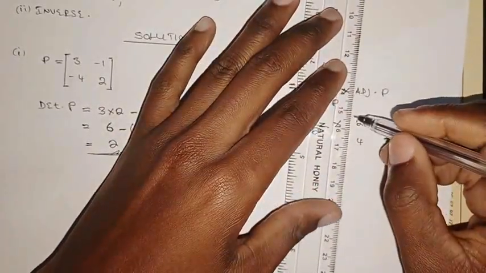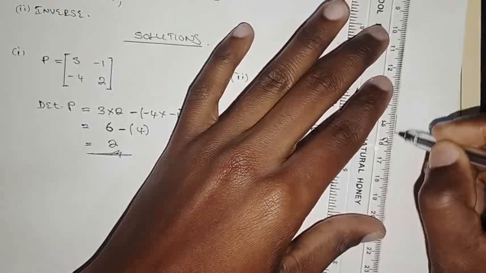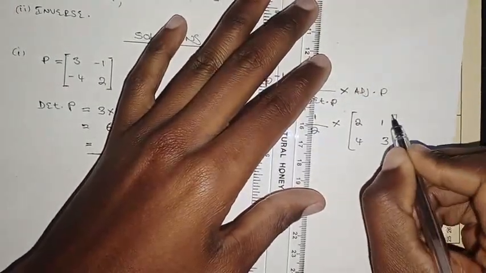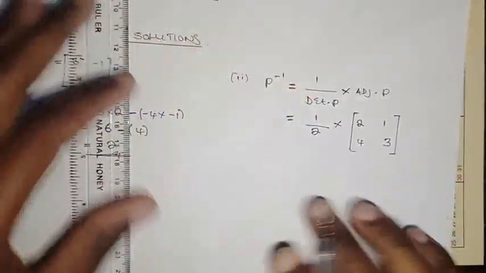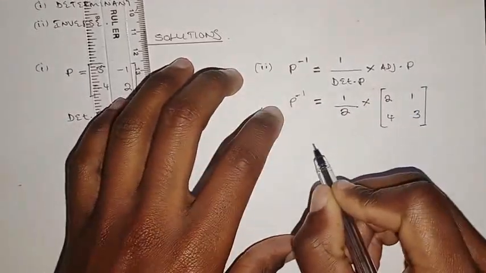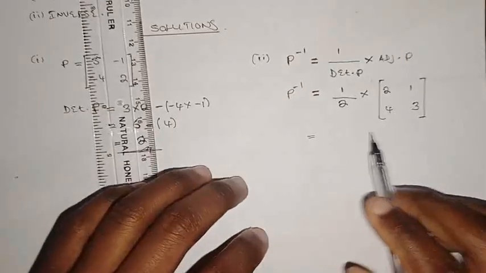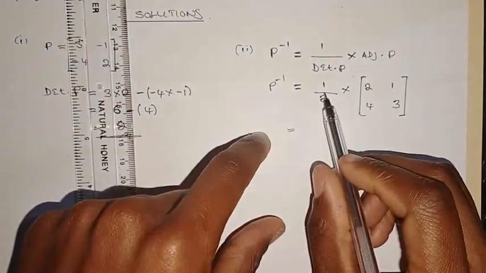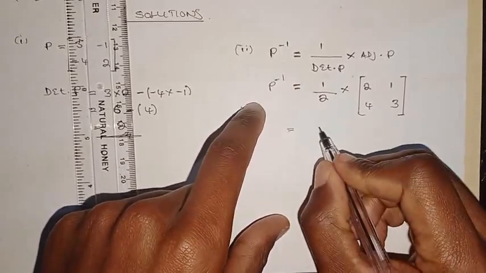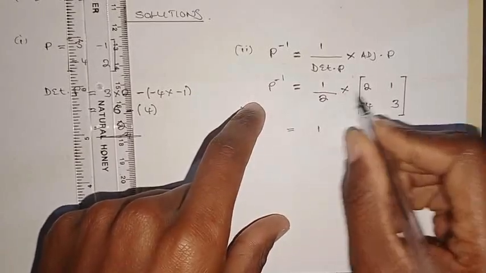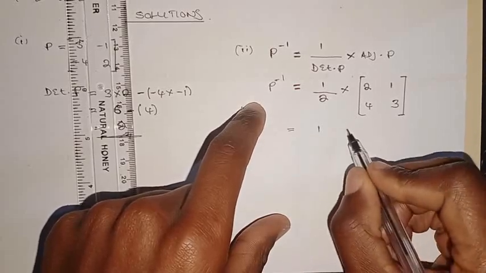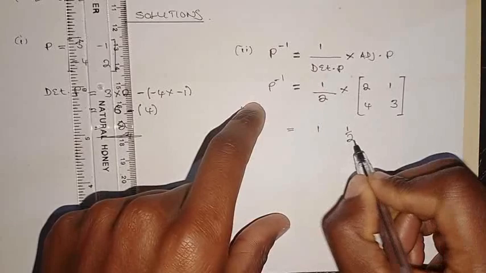Okay, let us add brackets to indicate that this is a matrix. Okay, so we are halfway there. So now what we need to do here is just multiply. So what is half times 2? We all know that half times 2 is just 1. Half times 1, it's going to be half. We're going to indicate 1 over 2.